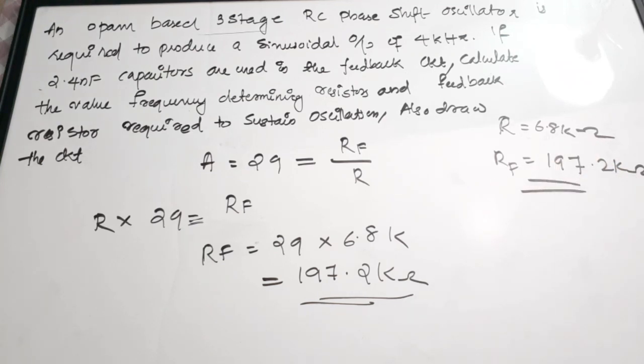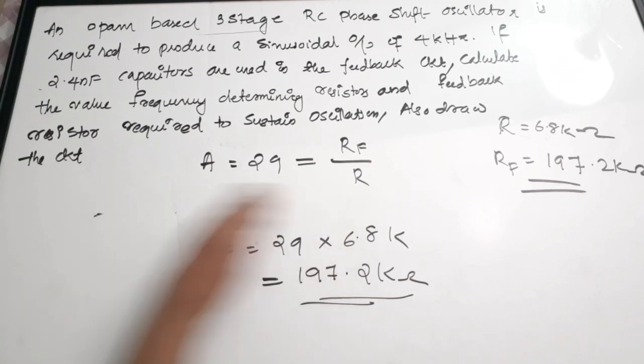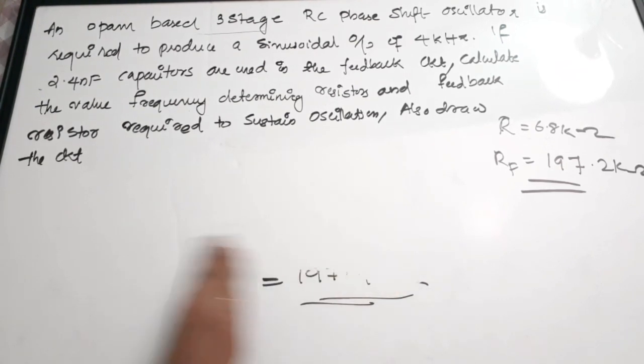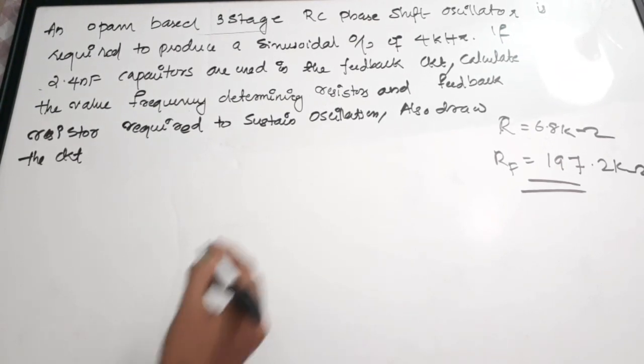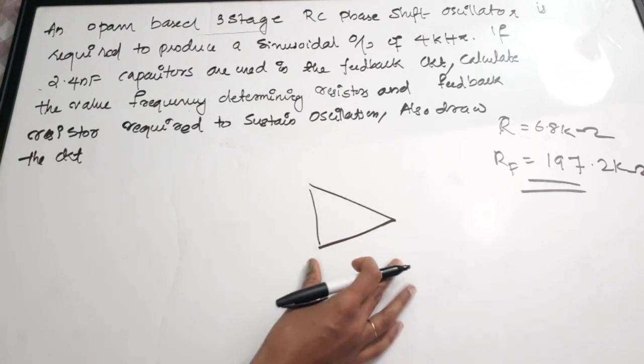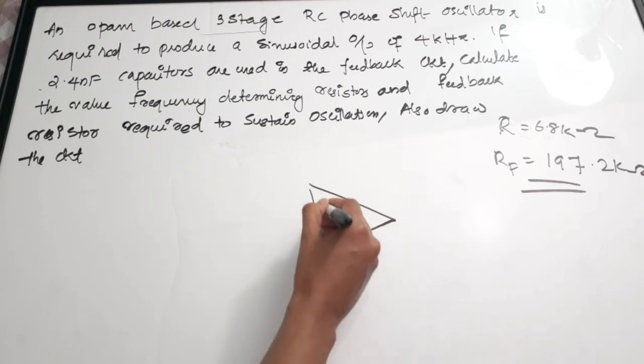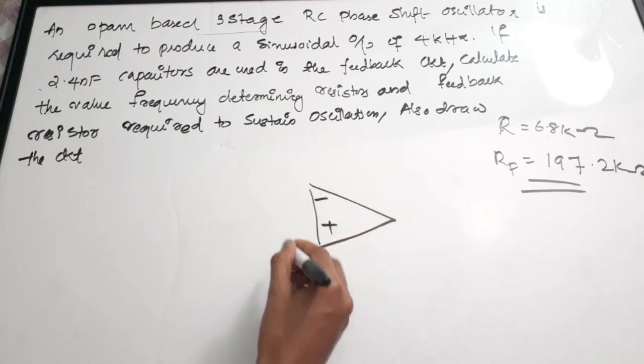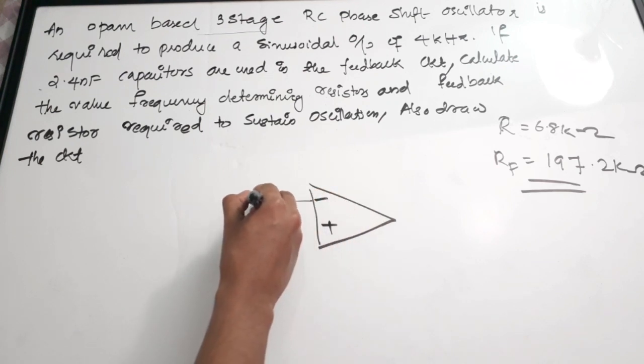Now I am going to draw the circuit. When I am drawing the circuit, everything will be much clearer to you. So I am going to draw the RC phase shift oscillator here with the RC stages and the feedback resistance. You need an amplifier, which is an op-amp. There is a positive stage and you need to connect your RC stages now.